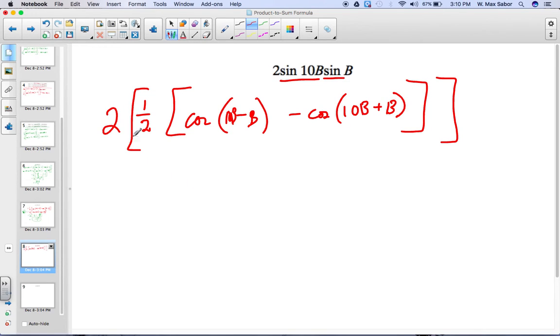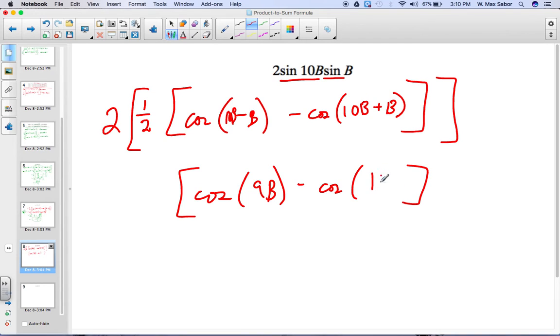So 2 times 1/2 just cancels out, and then we're left with cosine of 9b minus cosine of 11b. Now, neither of these is always more useful than the other, but sometimes you'll want one, sometimes you'll want the other.